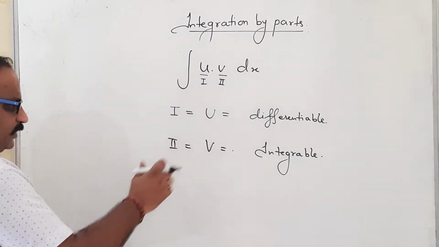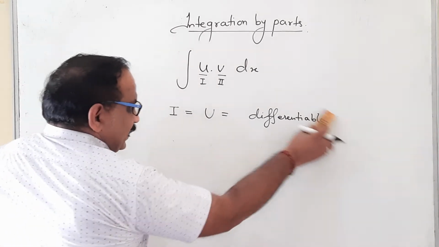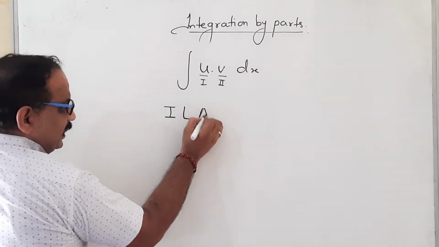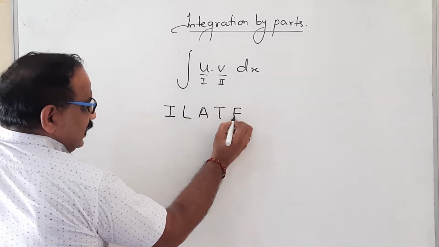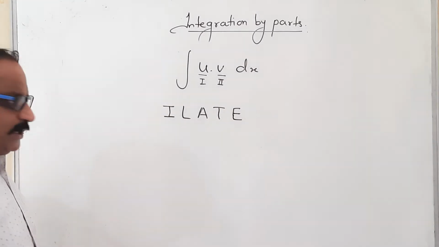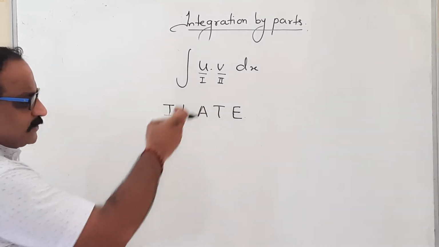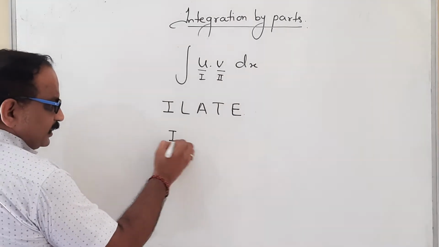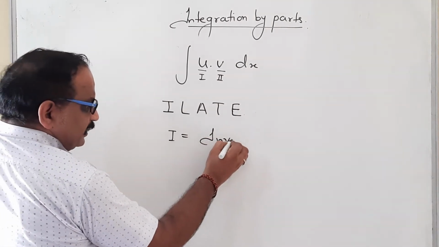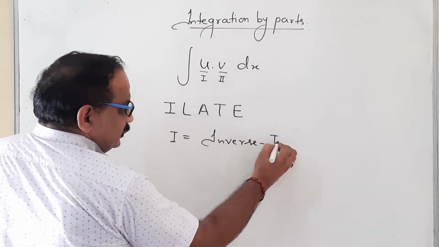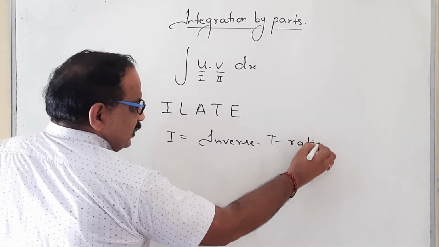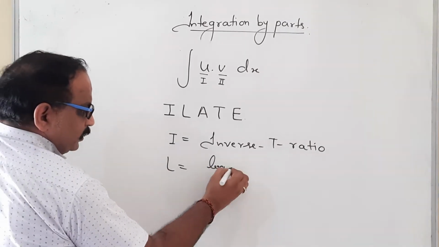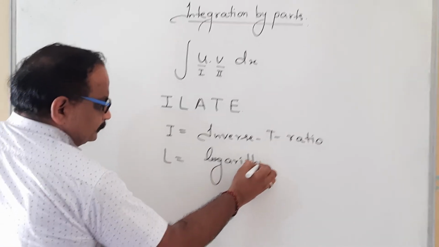Apart from this, we have a certain principle also, and that is defined as the ILATE principle. The ILATE principle defines the first and second placement of the functions. What does it stand for? I stands for inverse trigonometric function. L stands for logarithmic function.